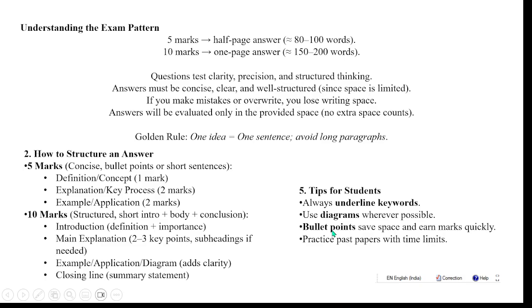And if it is allowed in the question, you should use bullet points, so that you can save extra space and score marks quickly. And obviously, practice makes a man perfect, so practice as much as possible to crack this examination. So this is all for the basic idea about how this question paper is going to be held and what the pattern is.